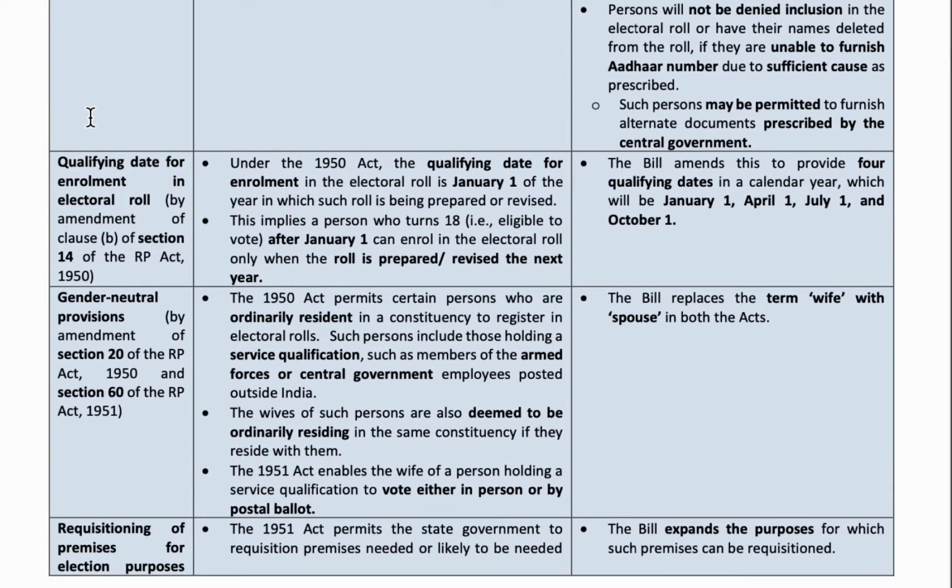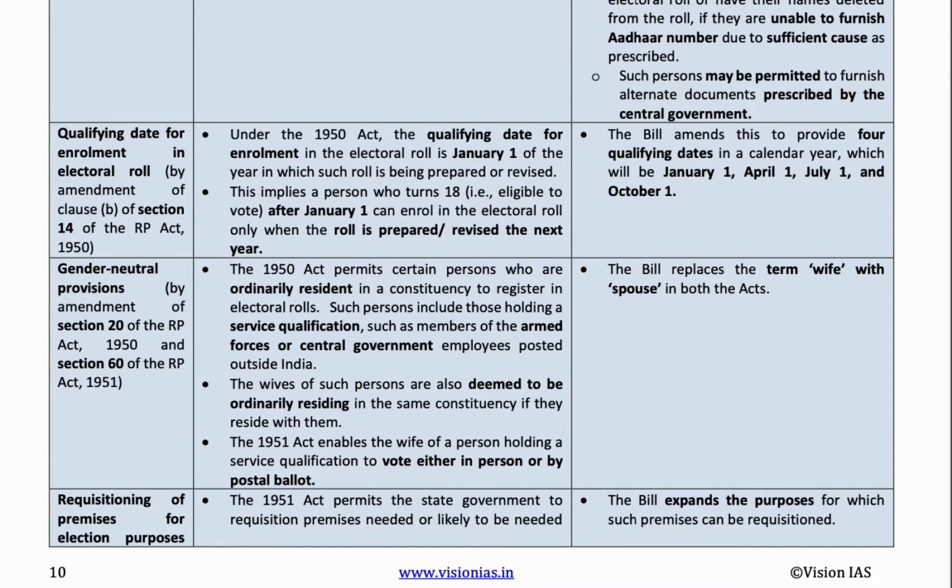And next is the qualifying date. Here they change the qualifying date for enrollment in electoral rolls by amending Section 14B of the Representation of People Act 1950.